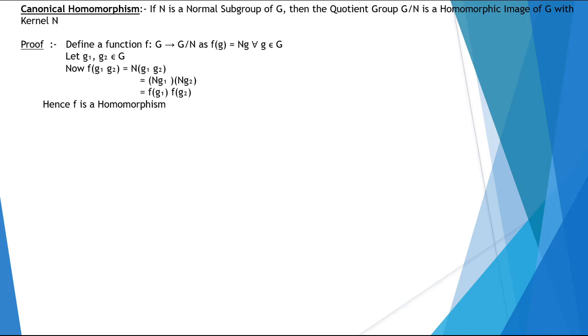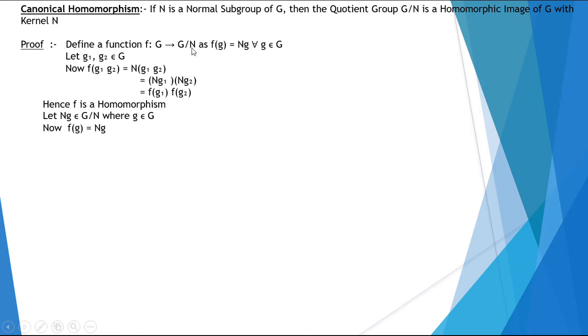Next we show that f is onto. For that, take an element Ng in the codomain G by N, that is the quotient group of G, where g is an element in capital G. By the definition, f of g equal to Ng. So the preimage of Ng is small g.